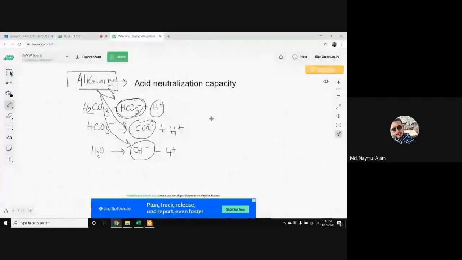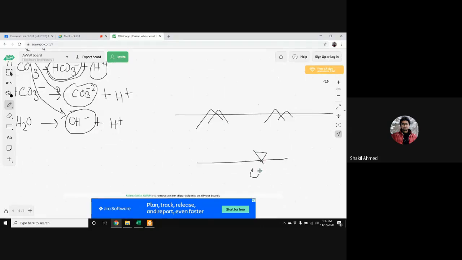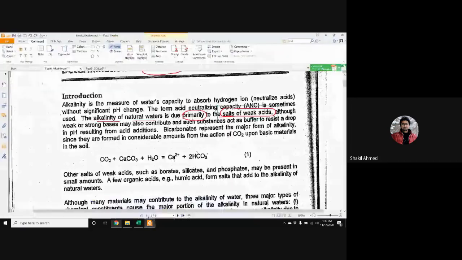In groundwater, for example, you have the groundwater here in soil. You have carbon dioxide dissolved in water, and also you have calcium carbonate. It's like a rock. So the water is in contact with calcium carbonate and carbon dioxide, and they produce calcium ion and bicarbonate ion.